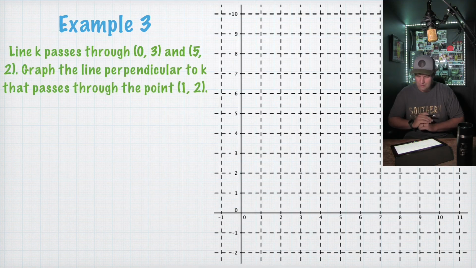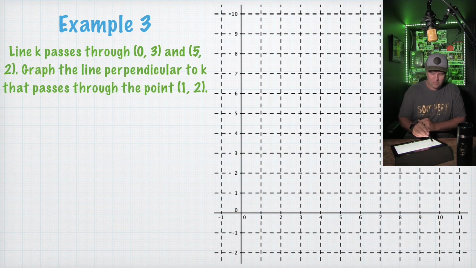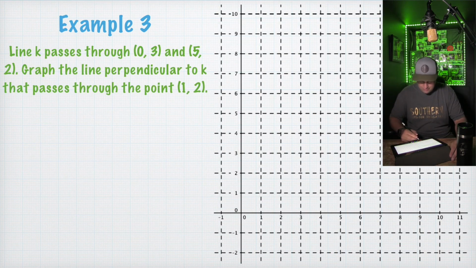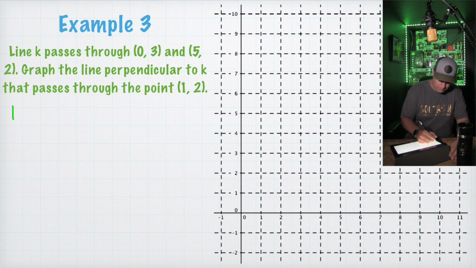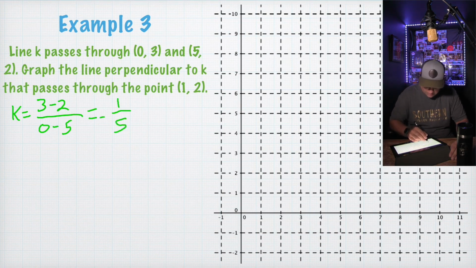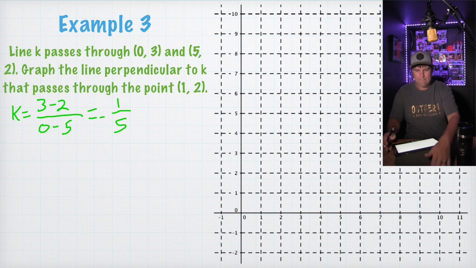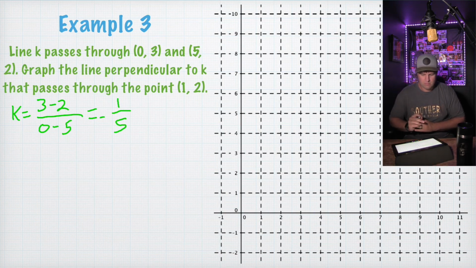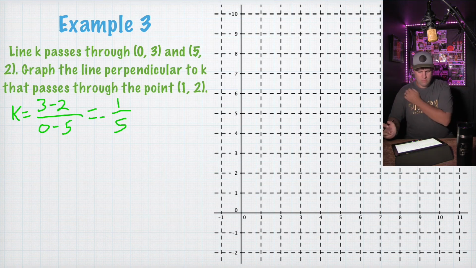For example, right here, let's go ahead and do change in Y over change in X to find the slope of K. So K is going to equal 3 minus 2 over 0 minus 5, which is going to equal 1 over -5. Let's go ahead and graph that too.